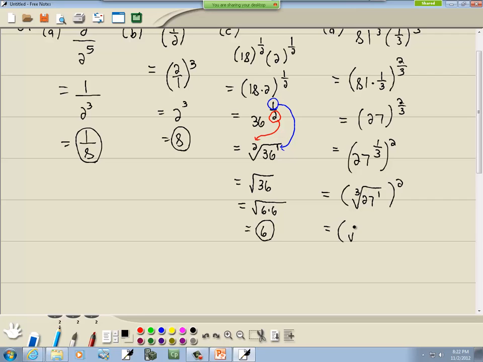Now the cube root of 27. 27, prime factorization of it is 3 times 3 times 3. Now our index is 3, so that means we're looking for a set of 3 of something. Well, here's 3 3's, so those 3 3's are going to come out in front of the radical as a single 3. So we have 3, and then the second power remains, and 3 squared is 9.